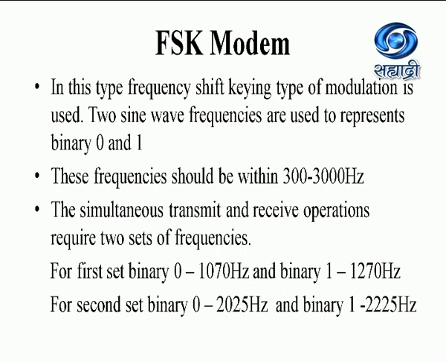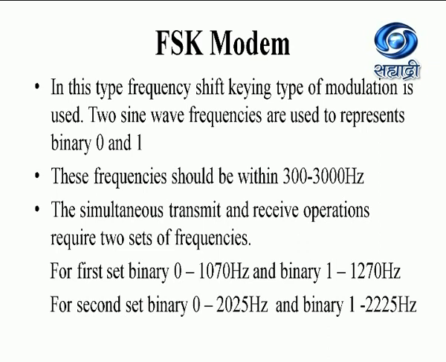Two sine wave frequencies are used to represent binary 0 and 1. These frequencies should be within 300 to 3000 Hertz. The simultaneous transmit and receive operations require two sets of frequencies. Here tones are generated for binary 0 and binary 1. In the first set, 1070 Hertz is assigned for binary 0, and 1270 Hertz for binary 1.